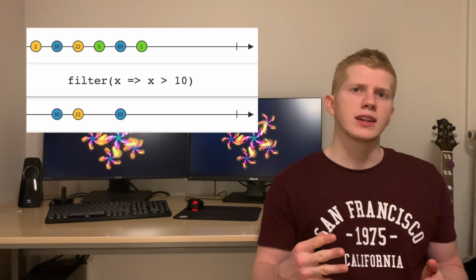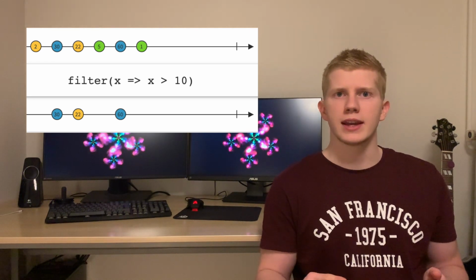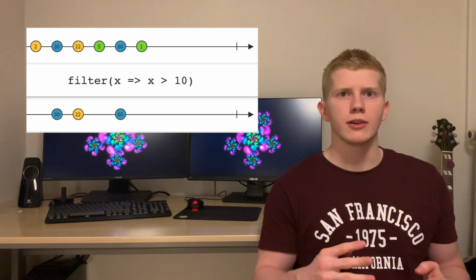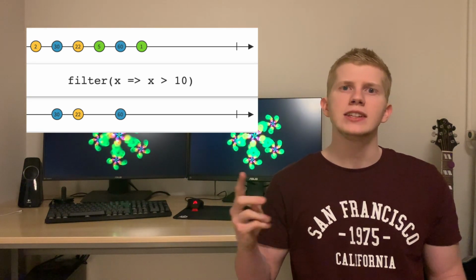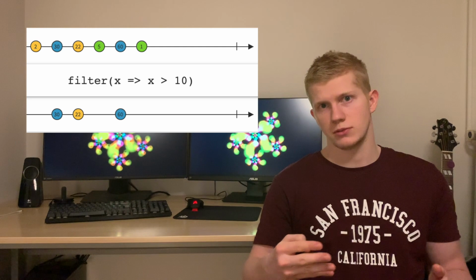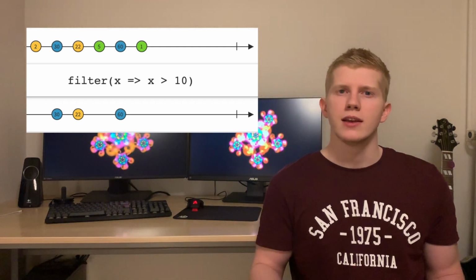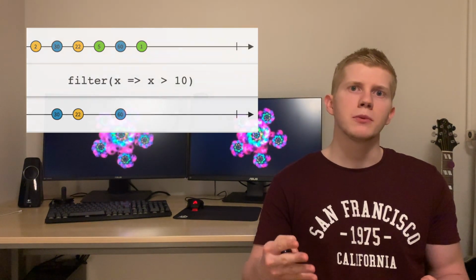This way, the predicate is applied to all elements and determines if each of them is allowed through to the subscribers or not. In this case, filter will only allow through elements with values greater than 10. These will reach the next operator while the rest of the elements are simply dropped.